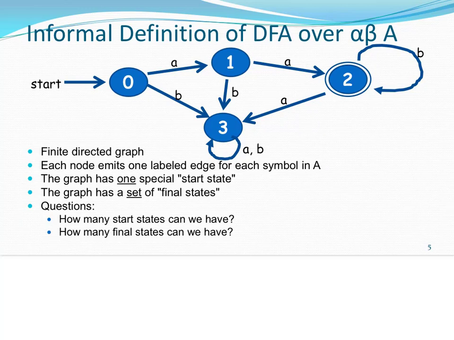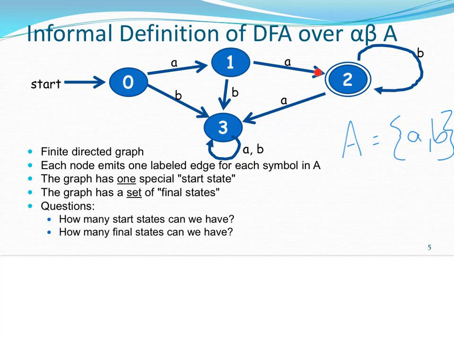So for example, in this example that we're doing, remember that the alphabet equals the set containing 2 symbols, A and B. And so that's telling me that for every single node that we have here, there should be a transition outwards, a labeled edge out for A and for B. And if you look, state 0 has an A transition out and a B transition out.